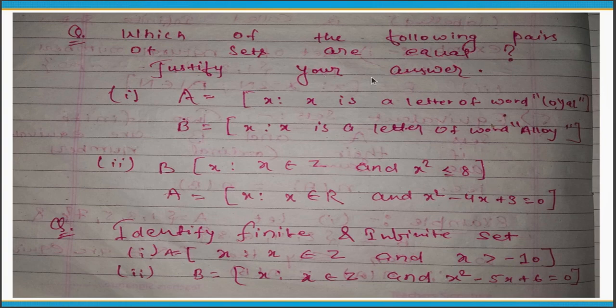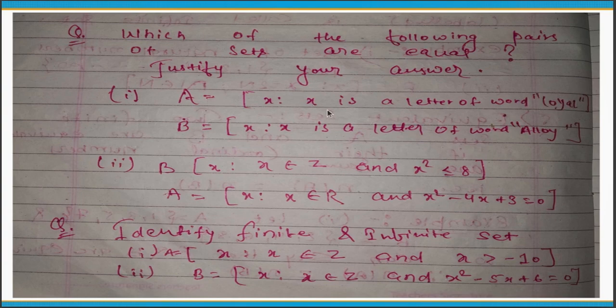Which of the following pairs of sets are equal? Justify your answer. Here set A is given to you: A equals x such that x is a letter of the word LOYAL, and B equals x such that x is a letter of the word LOYAL.